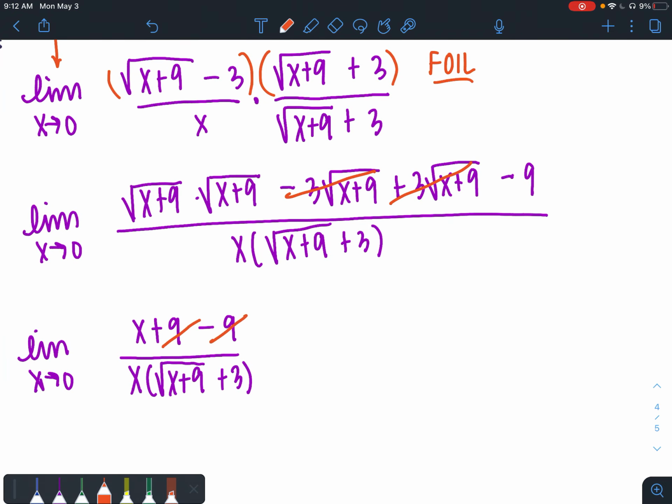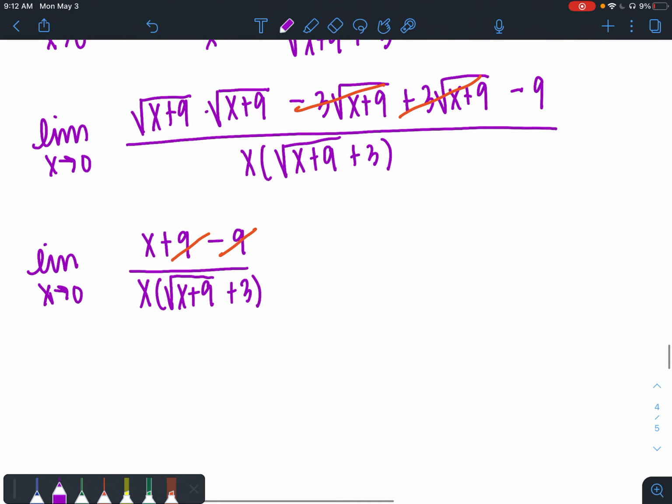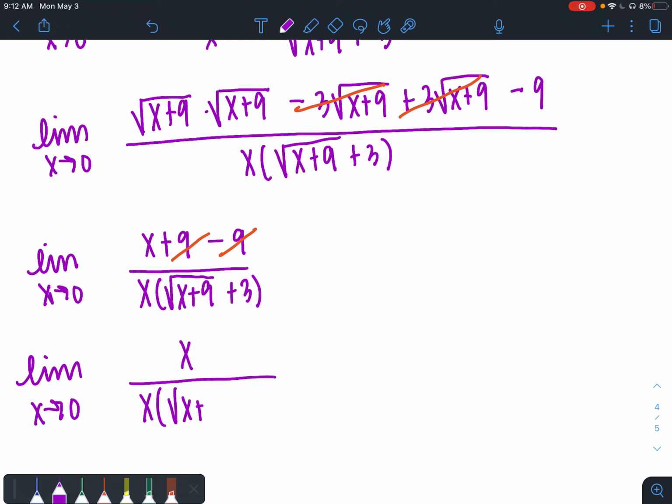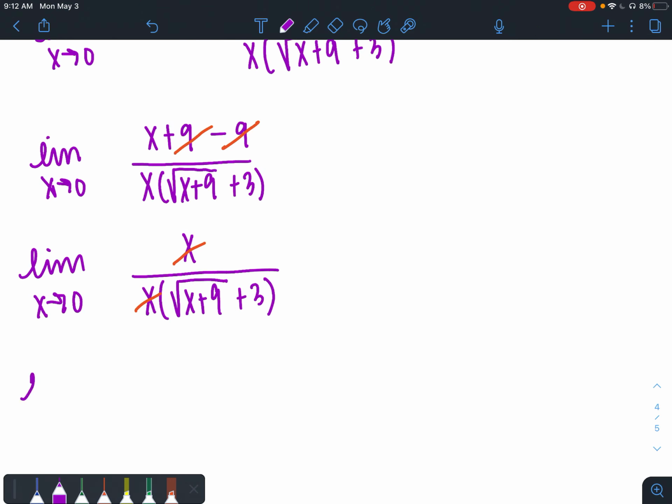Okay, these 9s are going to cancel, leaving me with a limit as x approaches 0 of x over x times square root of x plus 9 plus 3. These x's are going to cancel, just like I thought, and so then we have the limit as x approaches 0 of 1 over the square root of x plus 9 plus 3.